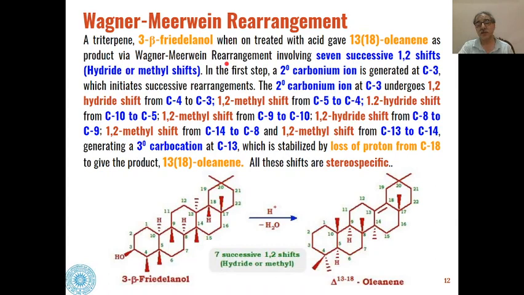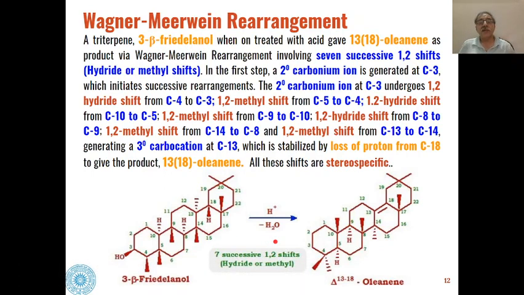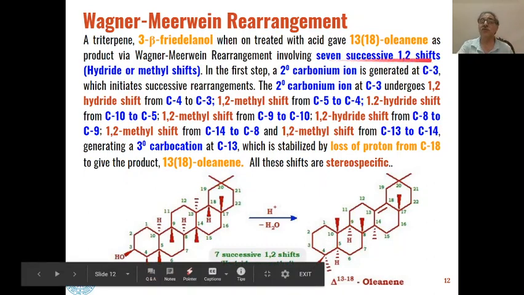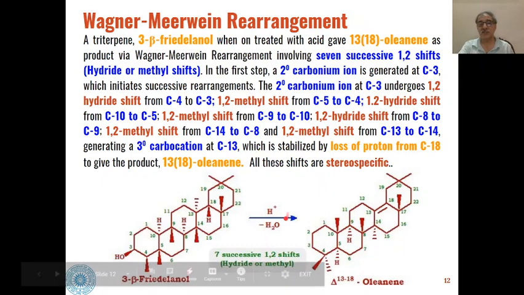Then another example in the steroidal system, a triterpene, 3-beta fridelanol. This 3-beta fridelanol changes into delta 13(18) oleanene by Wagner Meerwein rearrangement, and this reaction takes place by 7 successive 1-2 shifts, either hydride shifts or 1-2 methyl shifts, to give us this type of product.